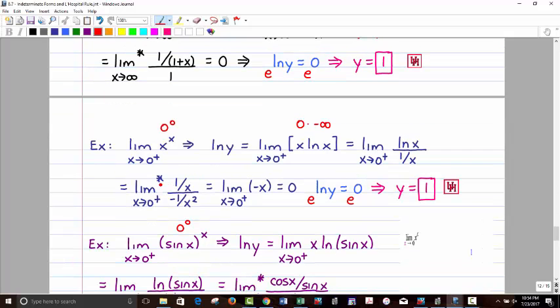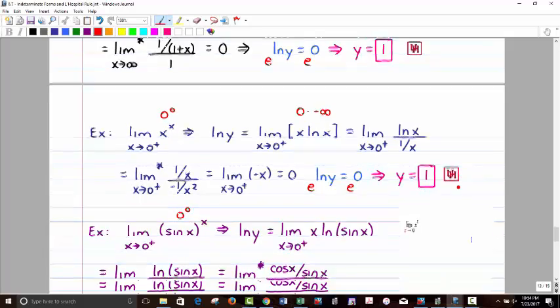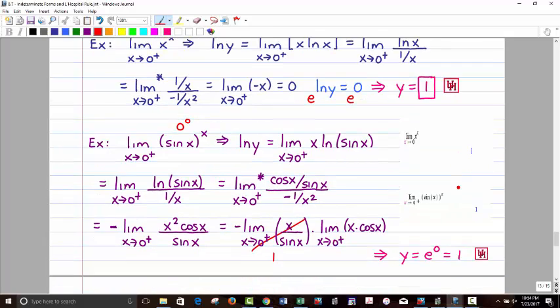I apply L'Hopital's rule, so I'll get 1 over x over negative 1 over x squared. Then flip-flop around, that ends up being negative x. I think we had one like this a little while ago. You put 0 in there, you get 0, but 0 is not the answer. It's going to be e to the 0, which will be 1. And there I have the answer right there in Maple.